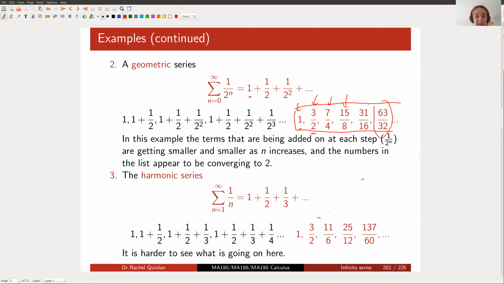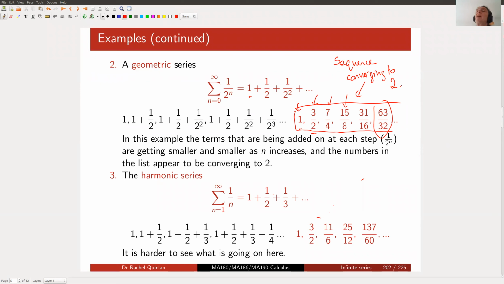And we can notice that the terms added on at each step are shrinking towards 0 as n increases. And the numbers in the list marked in red here seem to be converging to 2. So this looks like a sequence that is converging to 2, and we know what that means in a precise way for a sequence. So we might say, as we keep adding on more and more terms in this sum, the running total is converging to 2.